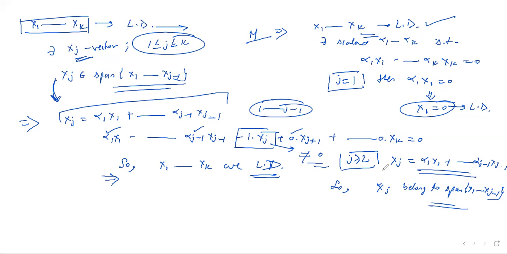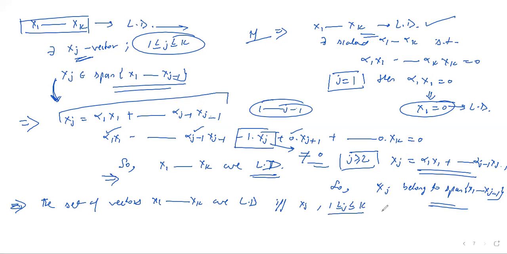That's what we have got from here, because xj can be represented in their linear combination. So here I say this, let's write it clearly: the set of vectors x1 to xk are linearly dependent if xj, which belongs to this set of vectors x1 to xk, belongs to the span of x1 to xj minus 1.